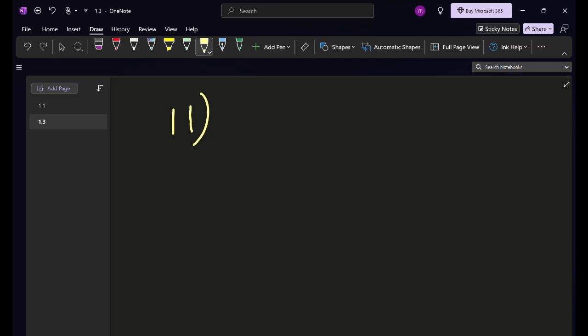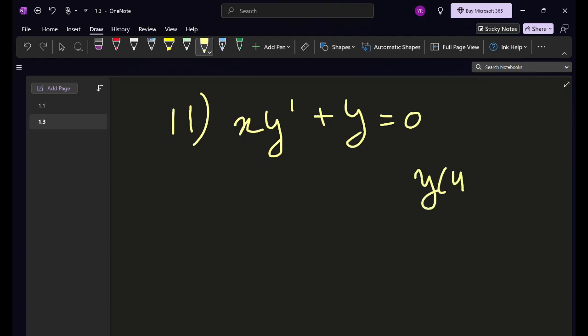We have been provided with an initial value over here too. So the question is xy dash plus y is equal to 0, and the initial value we have been provided with is 6.